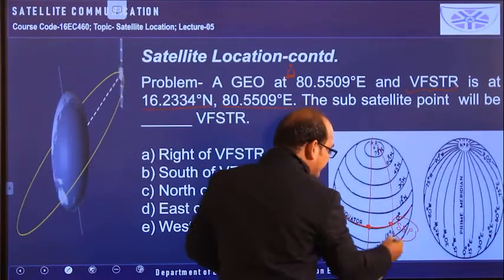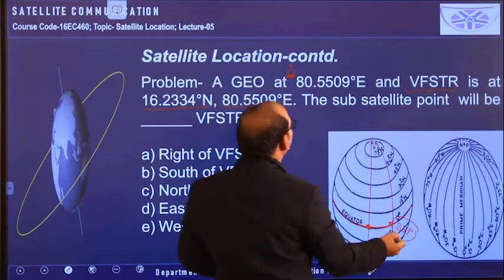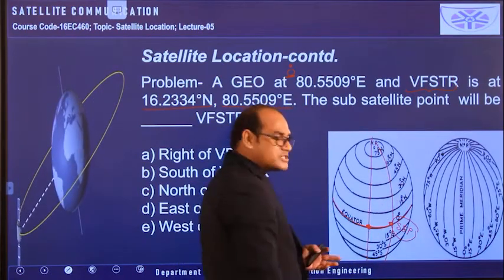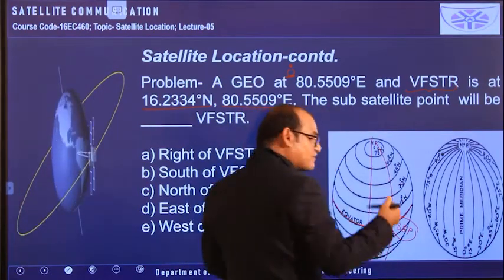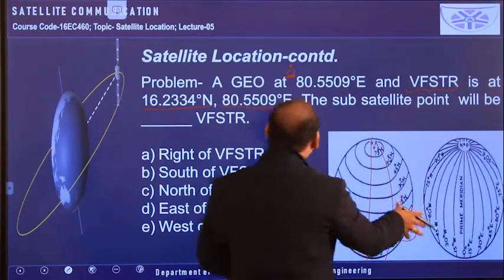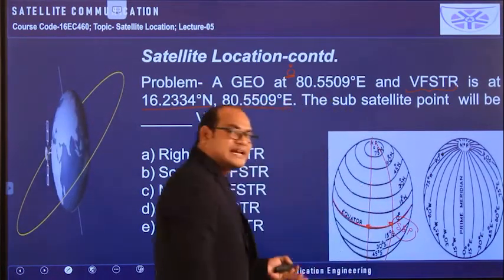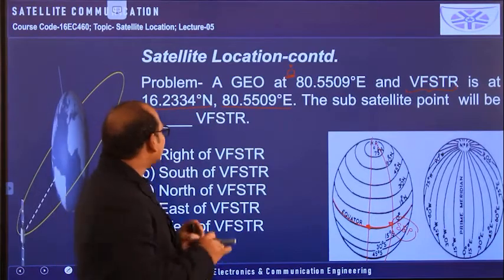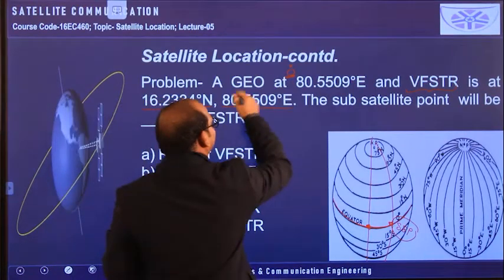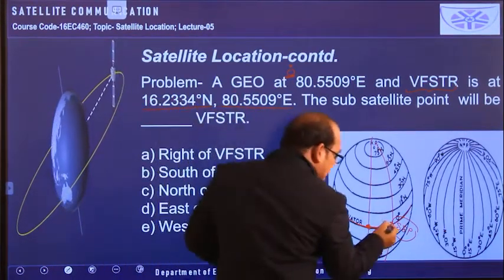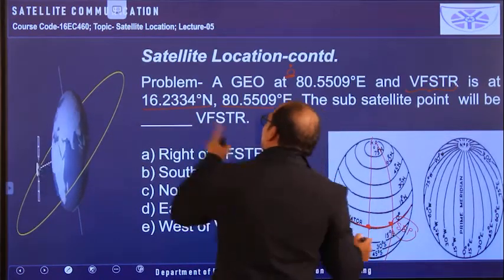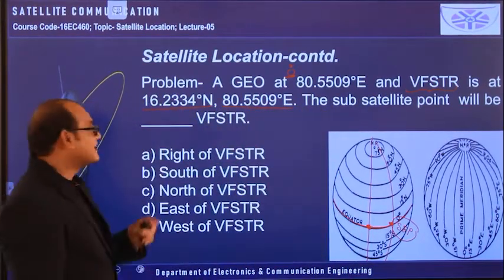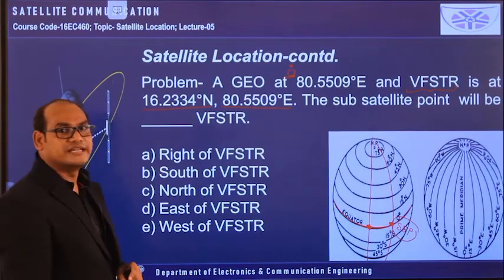For example, this is a meridian, indicating 80.5509 degrees east. On this line only, our Vignan University and the subsatellite point of this satellite are both available. Okay, and there is no latitude for this satellite. So this is the subsatellite point, but here latitude is given for the Vignan University, that is 16.2334 degrees north.